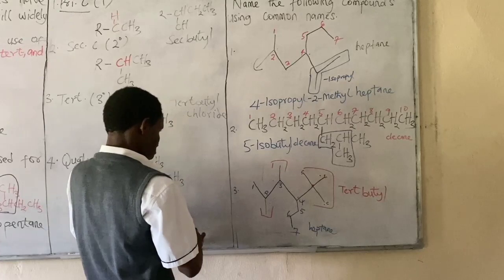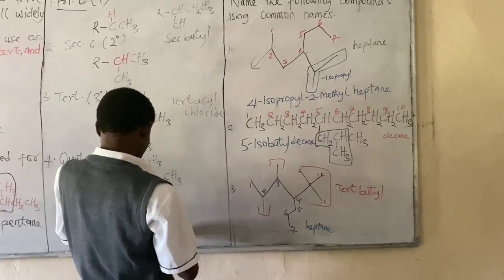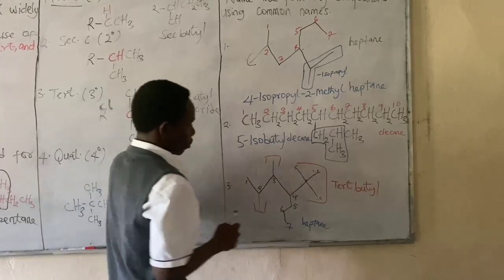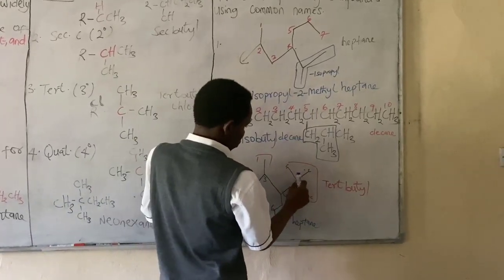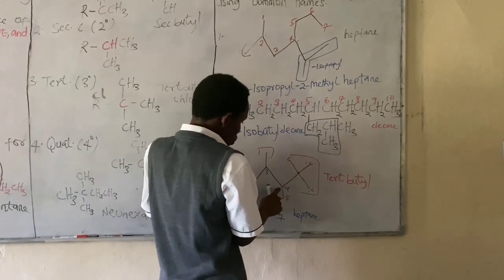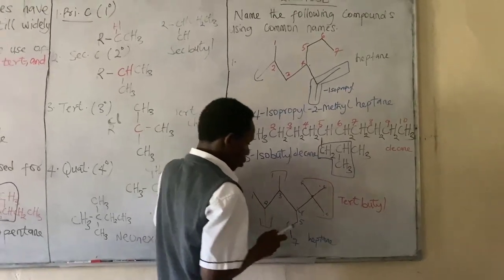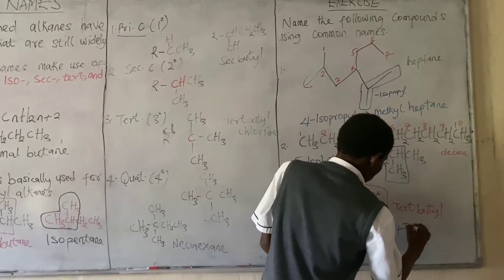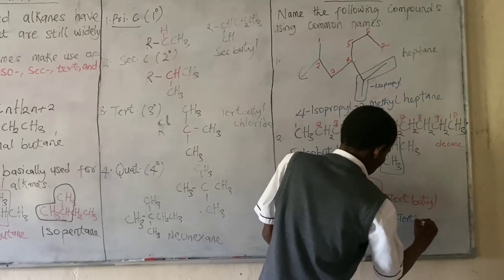The tert butyl is on carbon 4. Let's use blue for naming. We have the tert butyl on carbon 4 of heptane. So the name of this compound will be 4 tert butyl.